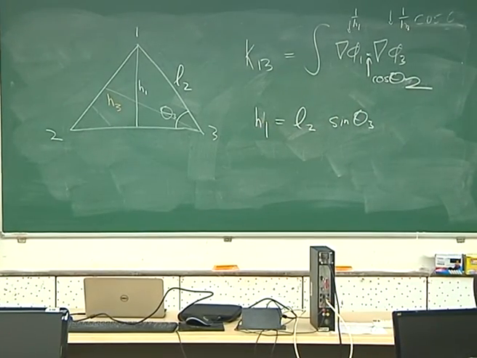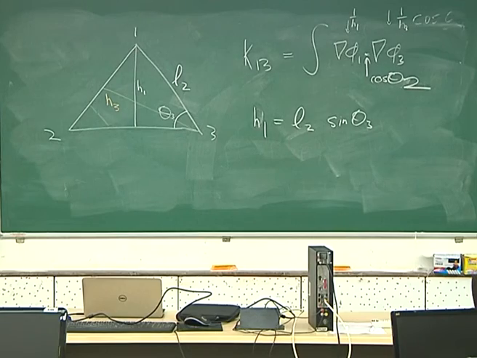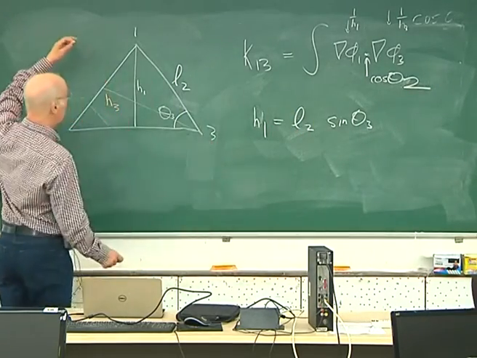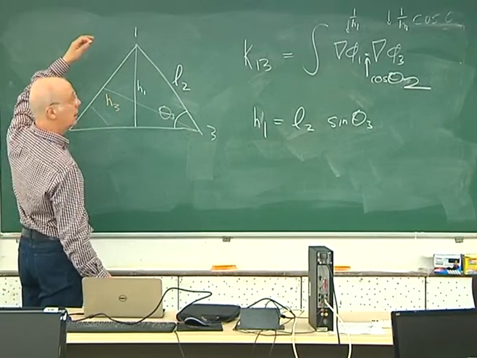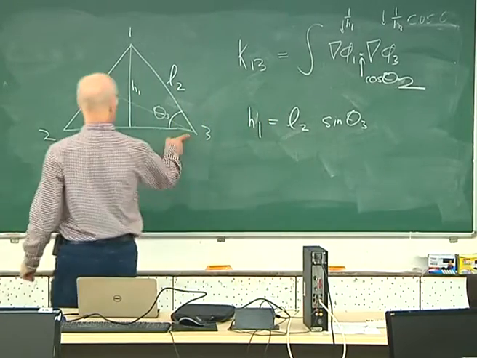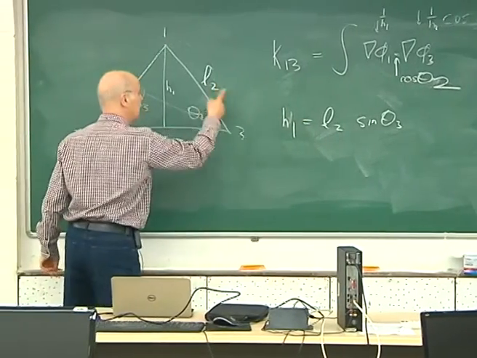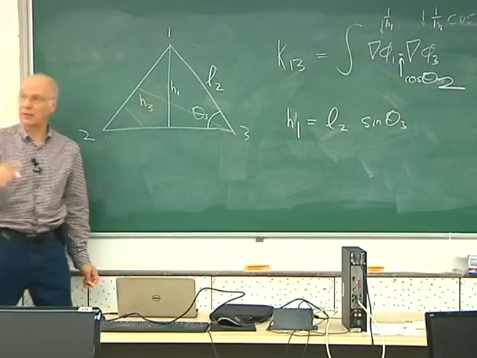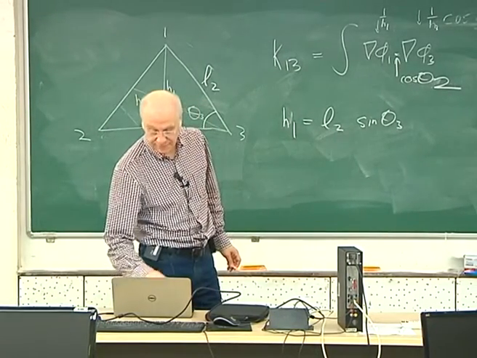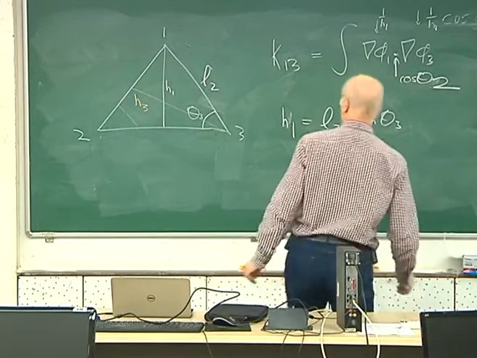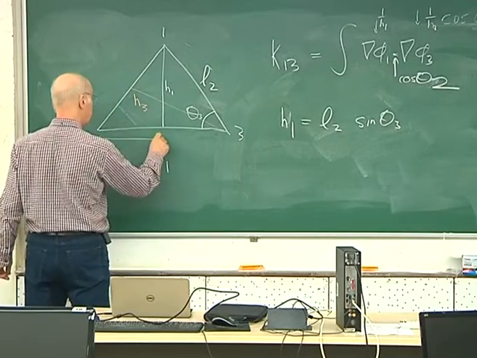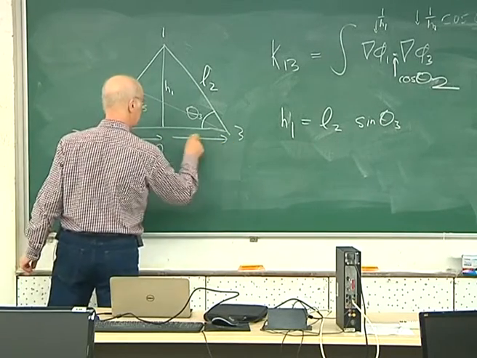So H2 is the same as H1, but with the numbers moved around. The area is length 1, that's this length here, times the sine of the angle in between, and a factor of a half. And then finally, this length 1 here is a contribution of this bit and this bit.